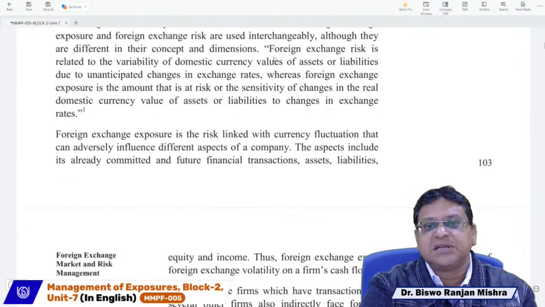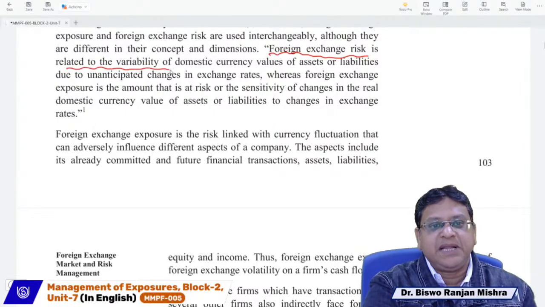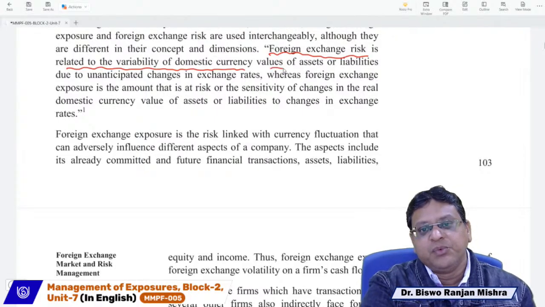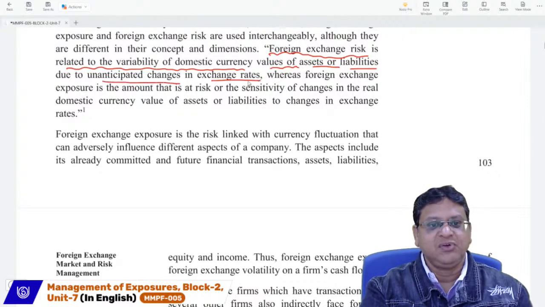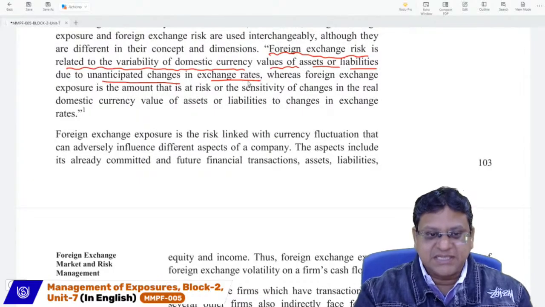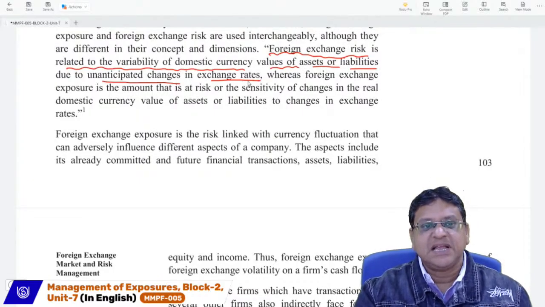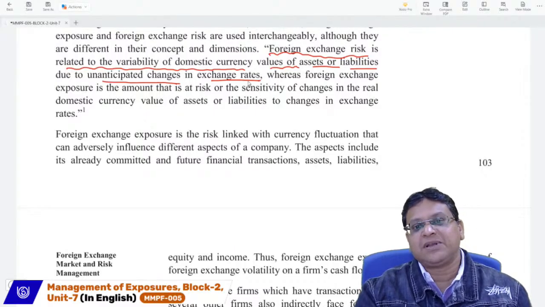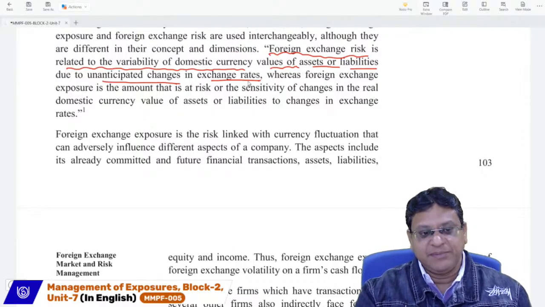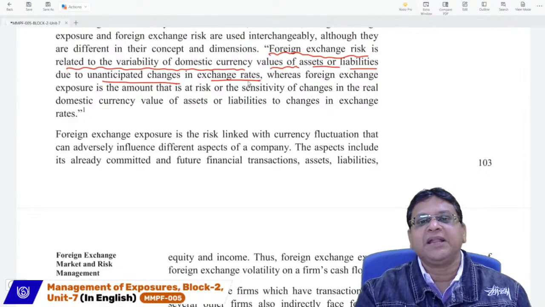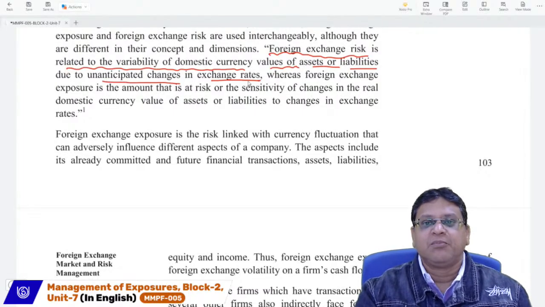So what is forex risk? Foreign exchange risk is related to variability of domestic currency value of assets and liabilities due to unanticipated changes in exchange rate. When there are unanticipated changes in exchange rate, it affects the domestic currency value of assets, liabilities, and cash flows of an MNC, and this is known as foreign exchange risk or currency risk or forex exposure.